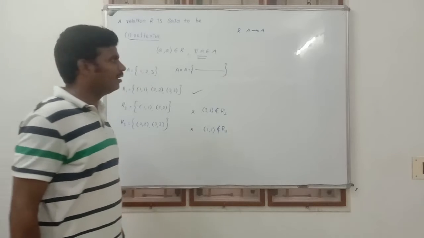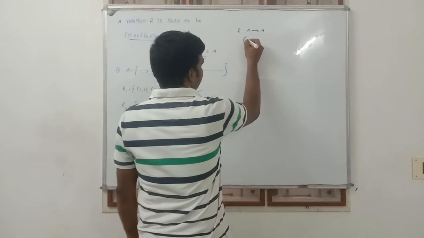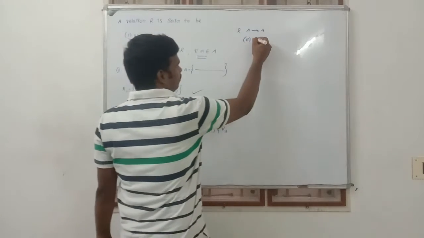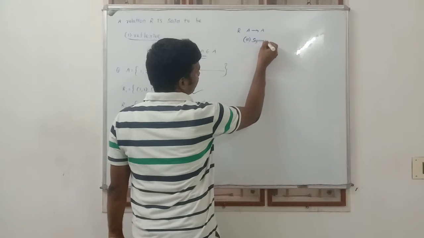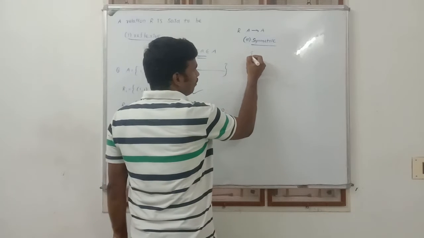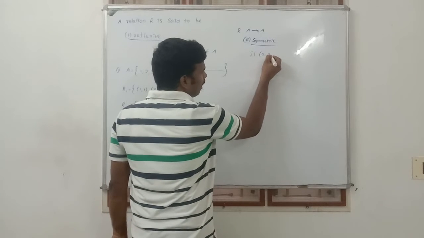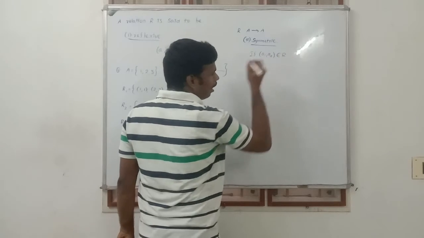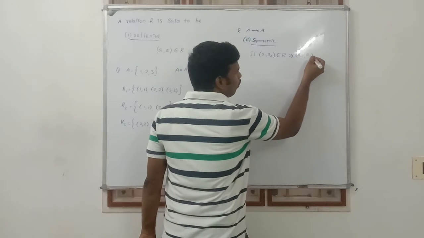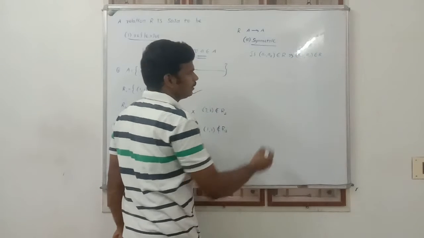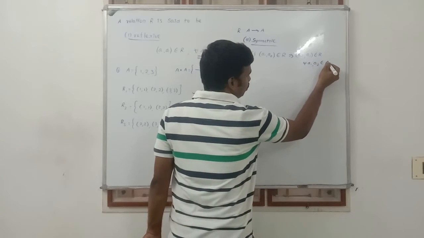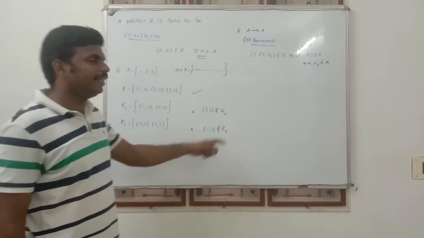Second, we are going to learn the concept of symmetric. A relation R is said to be symmetric if (a1, a2) belongs to R implies (a2, a1) belongs to R, for all elements a1 and a2 belonging to A. This is the condition for symmetry.